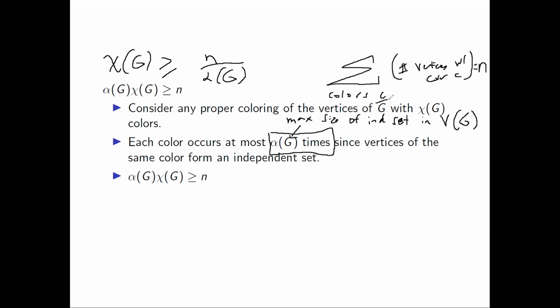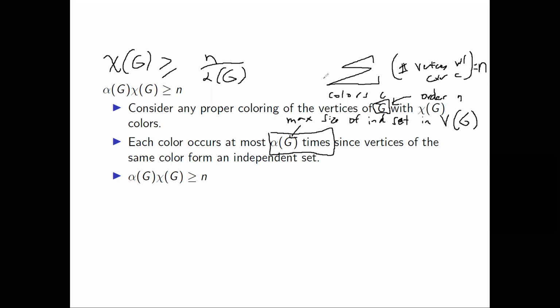And in our graph G here, I guess I didn't say it earlier, but of course the graph G has order n. Whenever we don't say the order, it's always n. So the sum over the colors of the number of vertices with each color is just going to be the order of the graph, and that's n.